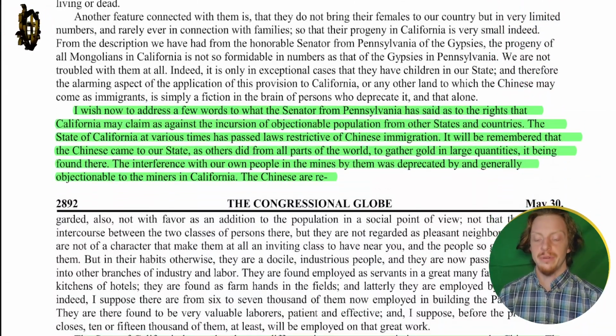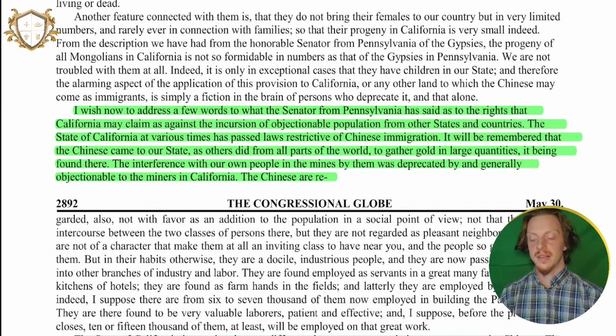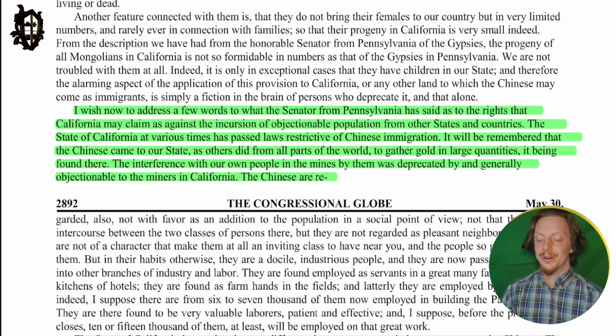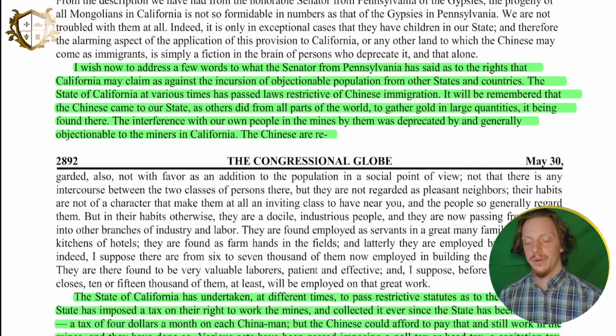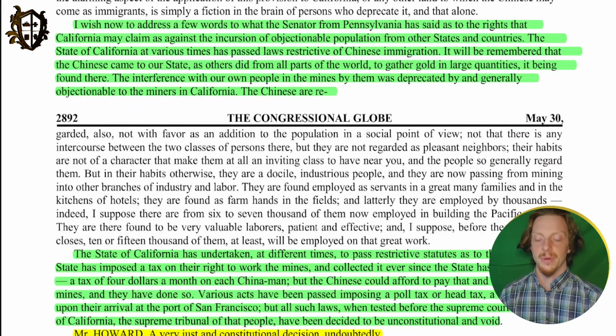I wish now to address a few words to what the senator from Pennsylvania has said as to the rights that California may claim as against the incursion of objectionable population from other states and countries. The state of California at various times has passed laws restrictive of Chinese immigration. It will be remembered that the Chinese came to our state as others did from all parts of the world to gather gold in large quantities, it being found there.